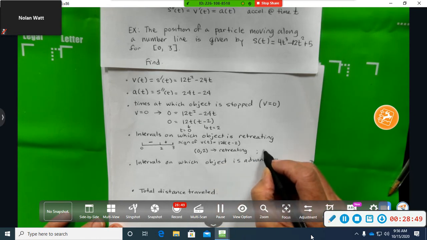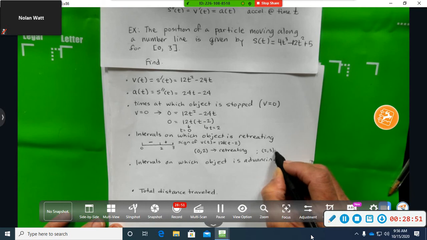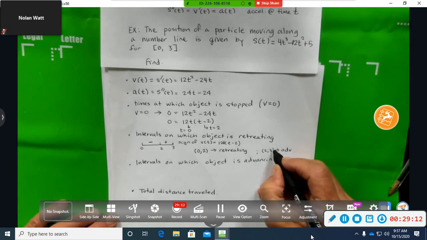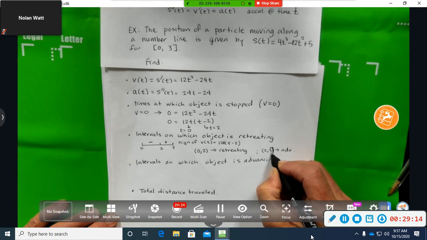Oh, by the way, it's advancing on the interval from 2 to 3. At 3, I probably should put a square bracket, and at 0, there's no velocity, so we should use the square bracket on 3. So that answers both of those questions.